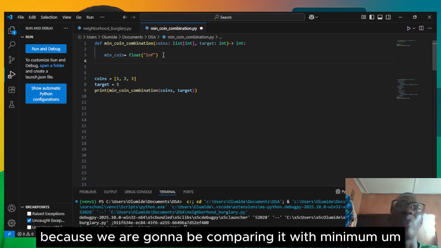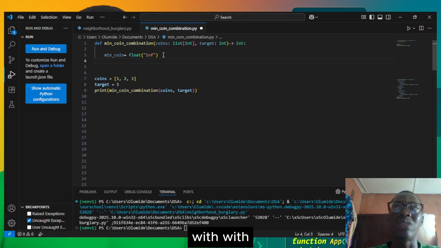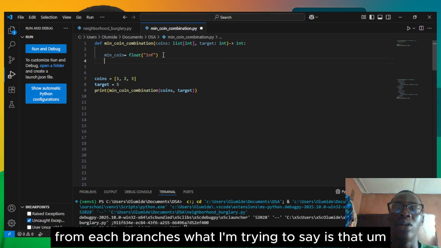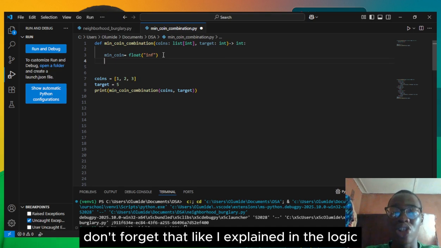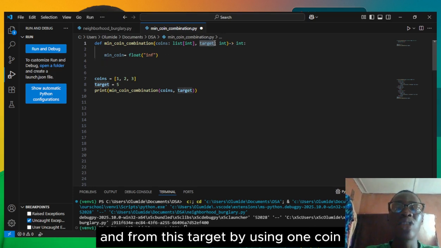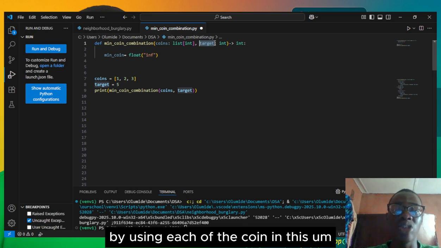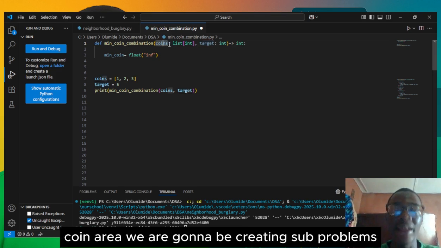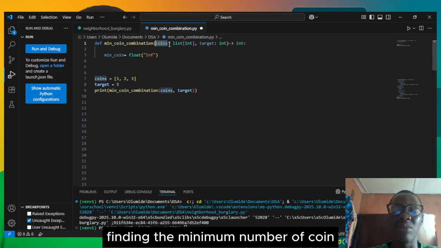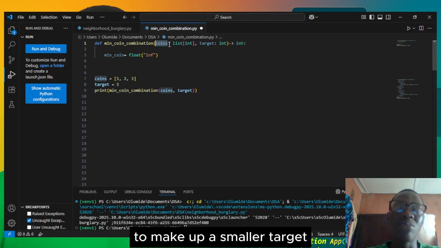Why? Because we are going to be comparing it with the minimum number of combination from each branch. What I'm trying to say is that don't forget that, like I explained in the logic, we will be having this target, and from this target, by using each of the coins in this coin array, we are going to be creating sub problems, whereby the sub problem involves finding the minimum number of coins to make up a smaller target.